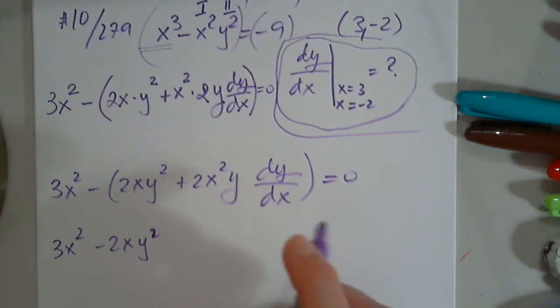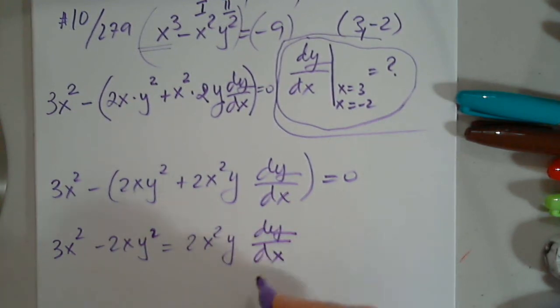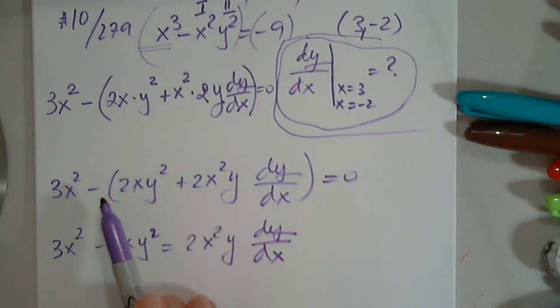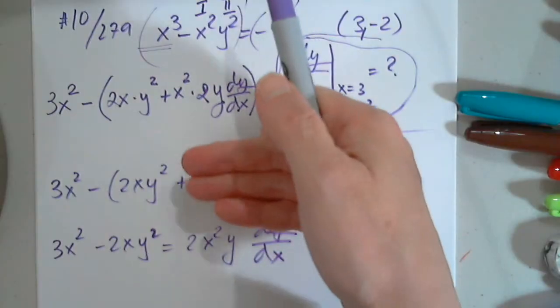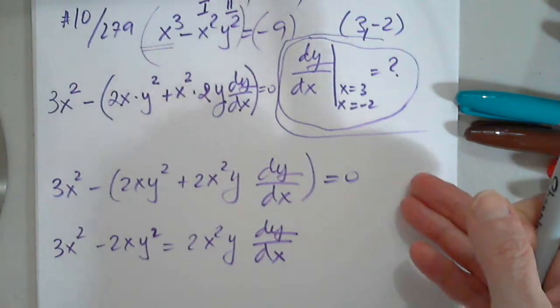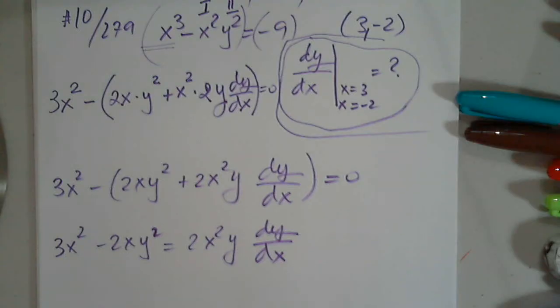I'm going to already move it to the other side, and it becomes positive. So 3x squared minus 2xy squared equals this term, which is the only term that has the variable dy over dx, so it has to be moved to the other side. When I move a term from one side to the other, all I have to do is change its sign. It would have been negative, but I'm putting it on the other side so it becomes positive.